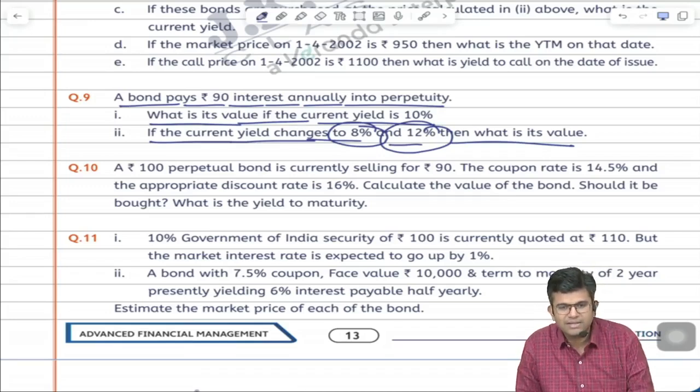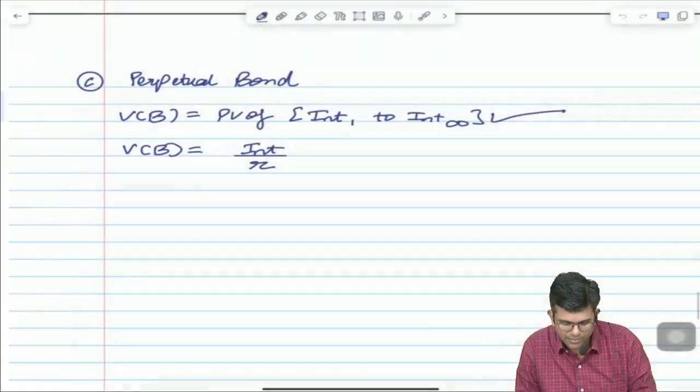Everyone ready? Let's start. Question number 9, point number 1.